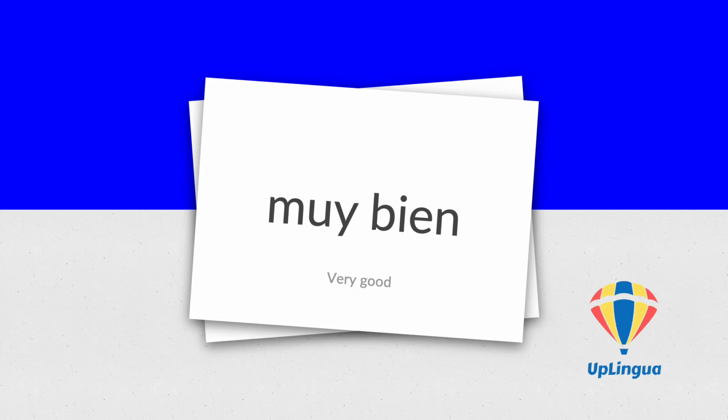The MU is moo, as in move out of the way, or moo, a cow moves. The Y is just pronounced E, so it's muy. Bien, the bi is pronounced be, as in the animal, or I'll be there soon. And then you just have an N at the end of it. Bien. Muy bien. Try pronouncing one more time. Muy bien.